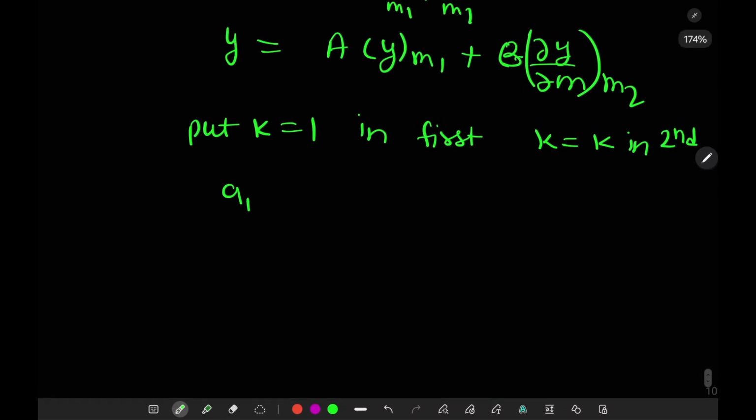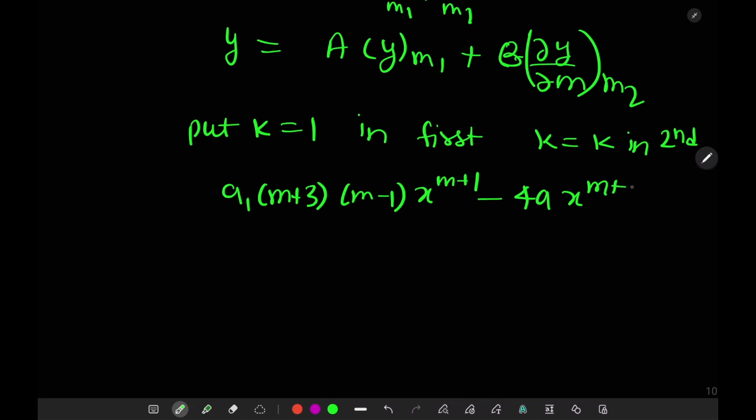We get this value. Sorry, we need to put here k equal to minus 1.